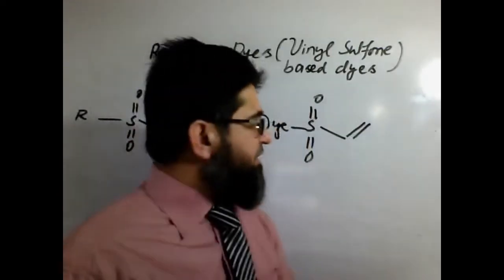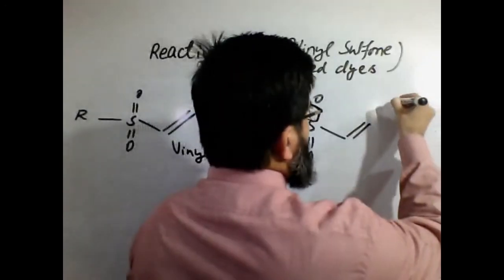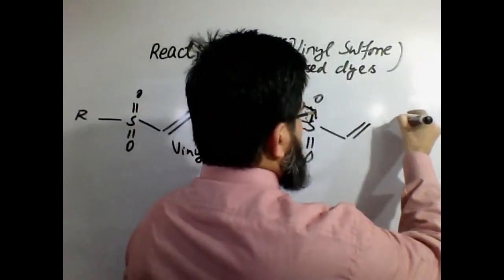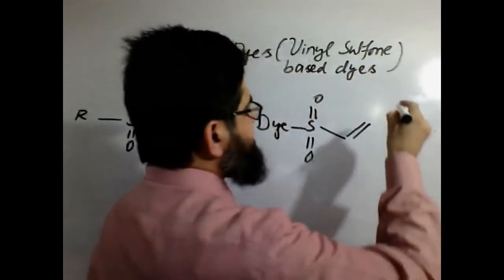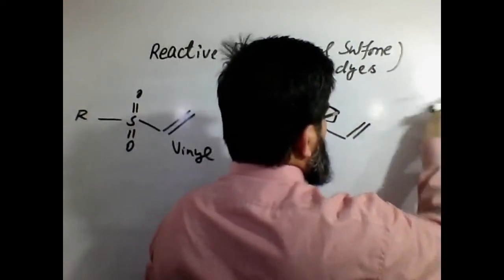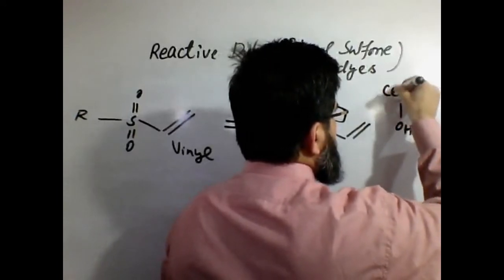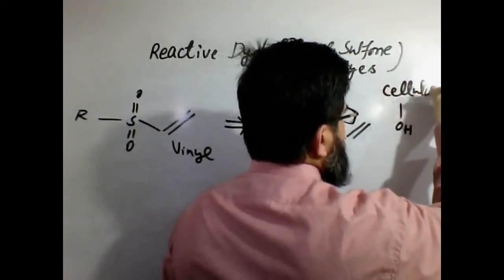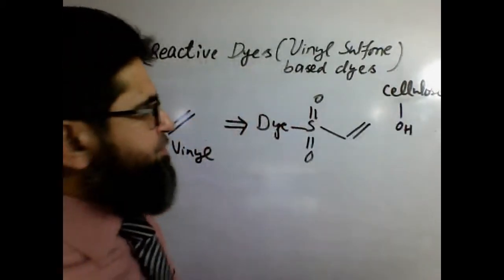Why are they called reactive dyes? Because it has the capacity to make a bond with the, I can draw this way, cellulose fiber, which contains hydroxyl groups.